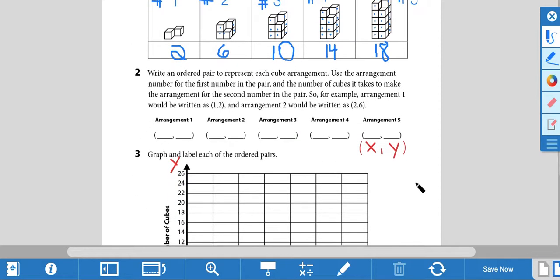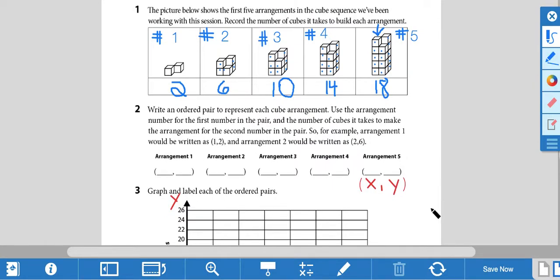All right, so now we're going to go down here, and the next part says, write an ordered pair to represent each cube arrangement. Use the arrangement number for the first number in the pair, so that's why I wrote the arrangement numbers up here. So that's going to be the first number in the pair. And then it says, and the number of cubes it takes to make the arrangement for the second number in the pair.